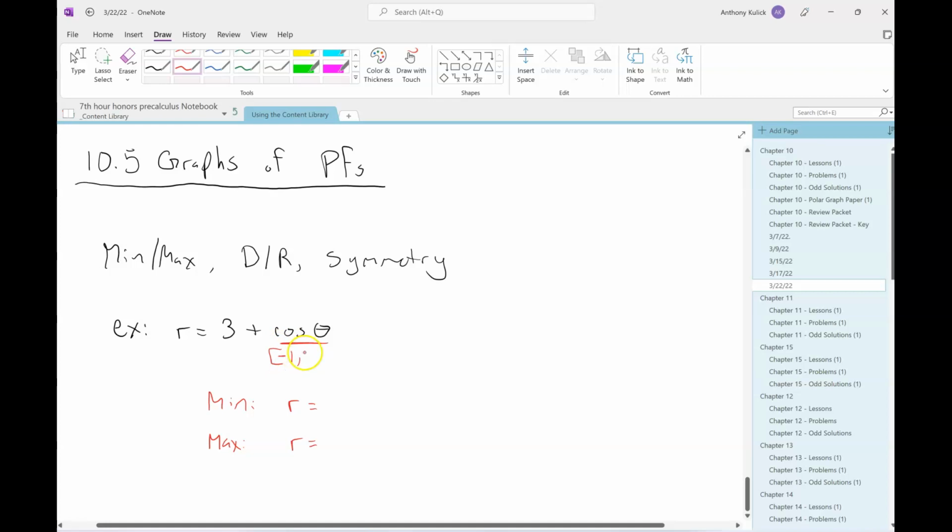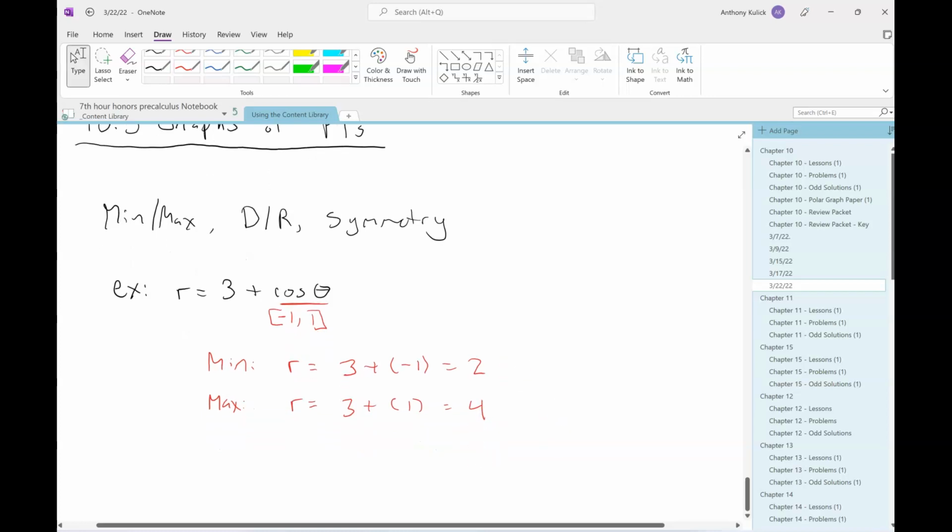And the largest value cosine can output is +1. So my minimum occurs when cosine is -1, and my maximum occurs when cosine is equal to +1. Everybody's okay with that?